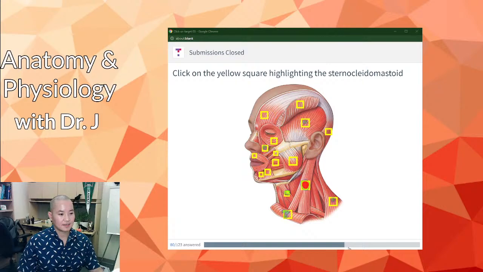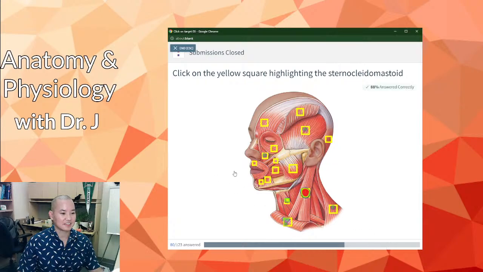Okay, most of you clicked over here, on this muscle, and you are correct. Even though it has a big, scary sounding name at first, I love the Sternocleidomastoid. Not only is it important in your neck movement, but it also tells you exactly where it is if you know the root words.